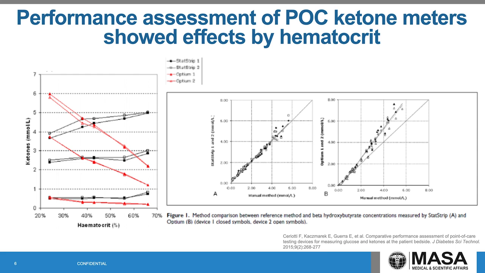As you look closely at the graph, you will see an inverse correlation between hematocrit concentration and the bias. The higher the hematocrit, the lower the ketone measurements and the higher the bias in the measurements.